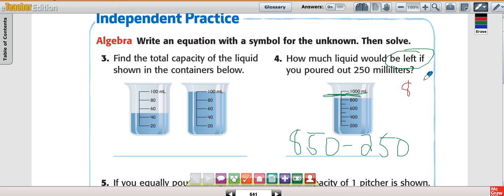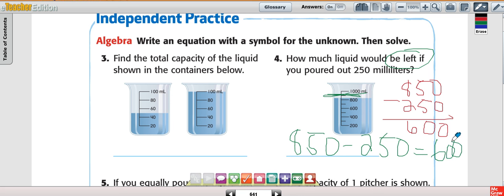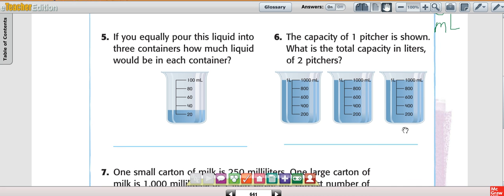So I got 850 minus 250. 0 minus 0 is 0. 5 minus 5? 0. 8 minus 2? 6. So 850 minus 250 is 600. So how much liquid will be left? 600 milliliters, correct.